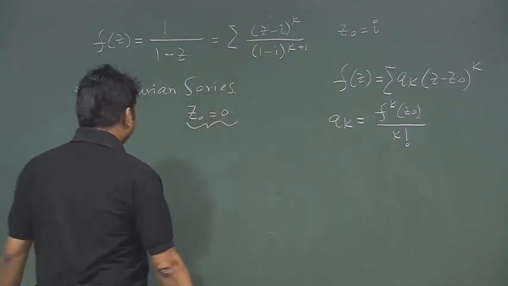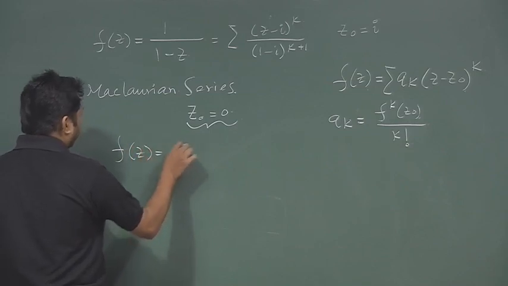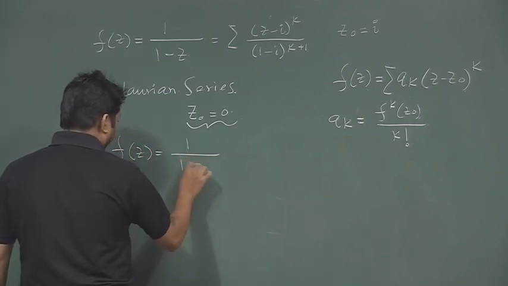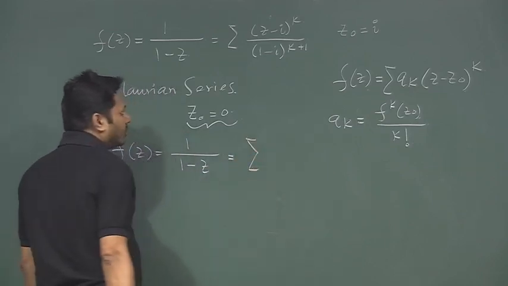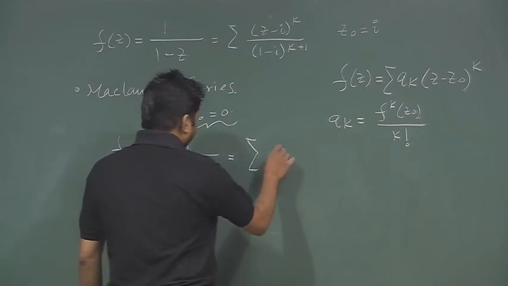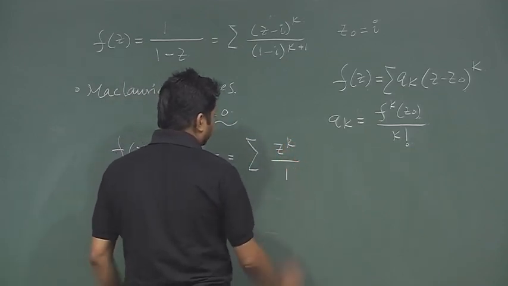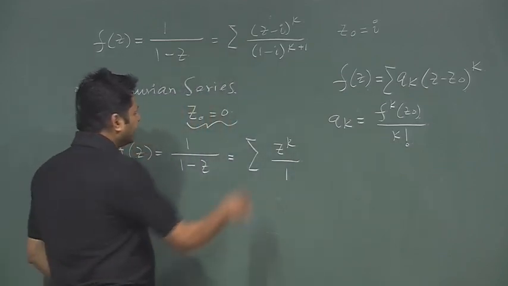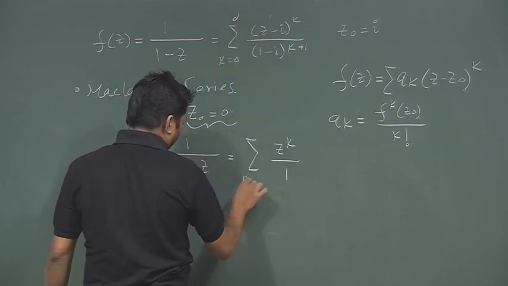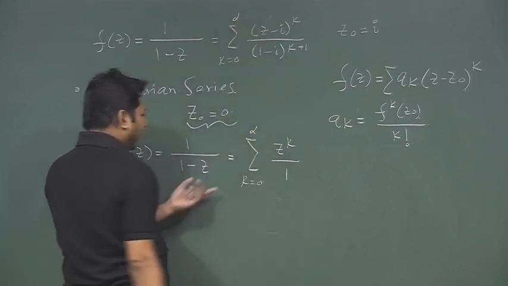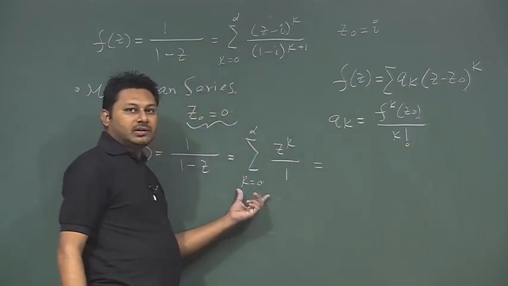The Maclaurin series is simply the sum of z to the power k, with k running from 0 to infinity. This is the standard result that we already know.